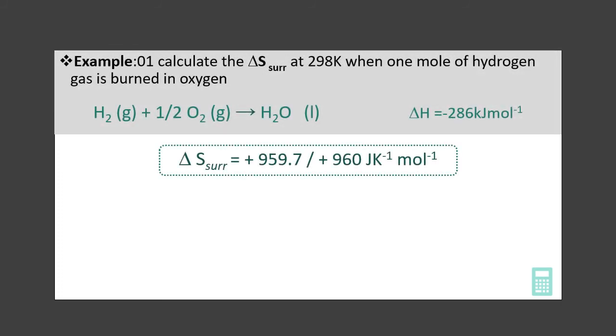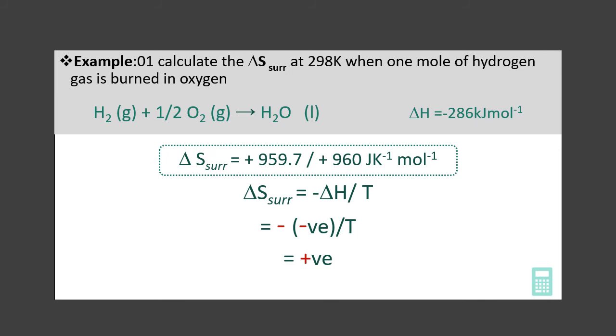Let's stop and think. Could we have predicted that the sign would be positive without the calculation? Have a look at the expression again here. Delta S surroundings is equal to minus delta H over T. And if we do the substitution and we have an exothermic value, a negative value, negative into negative, you will get a positive value.